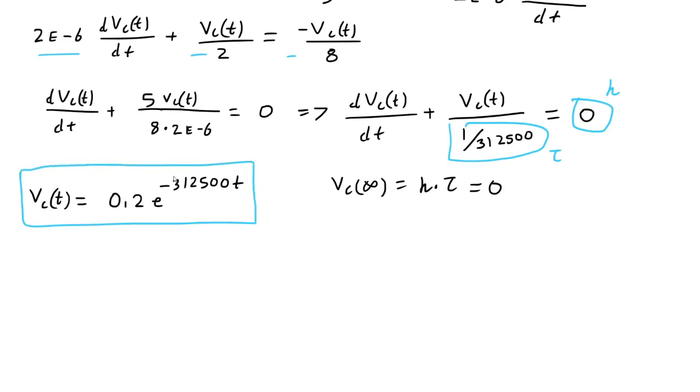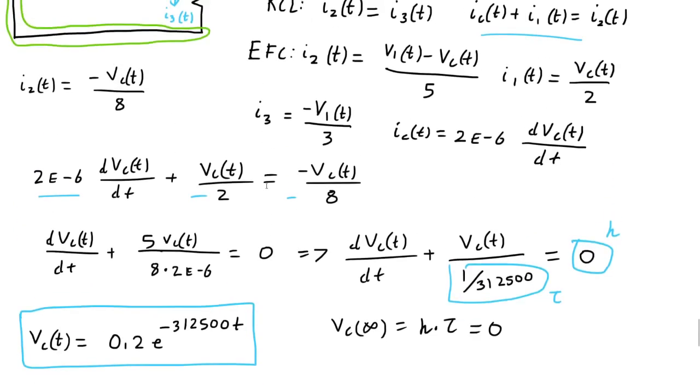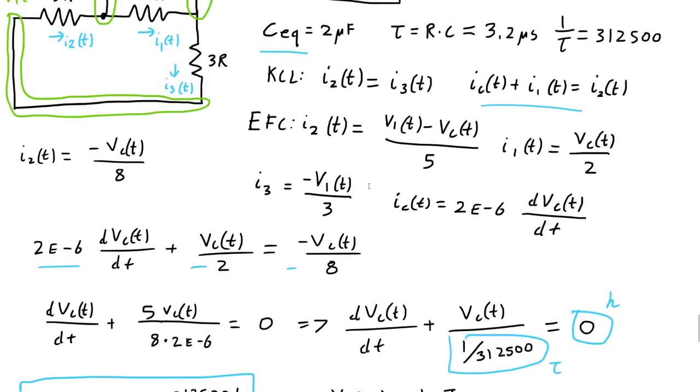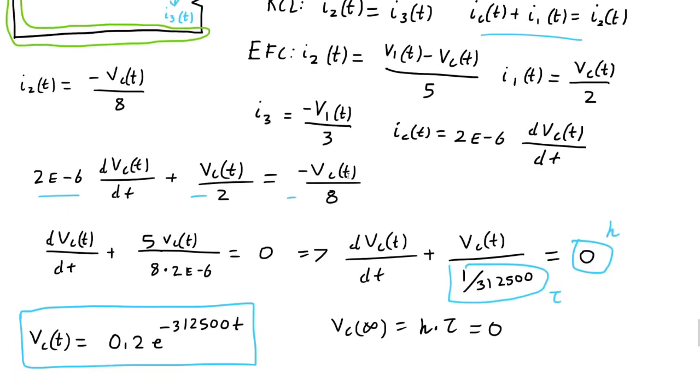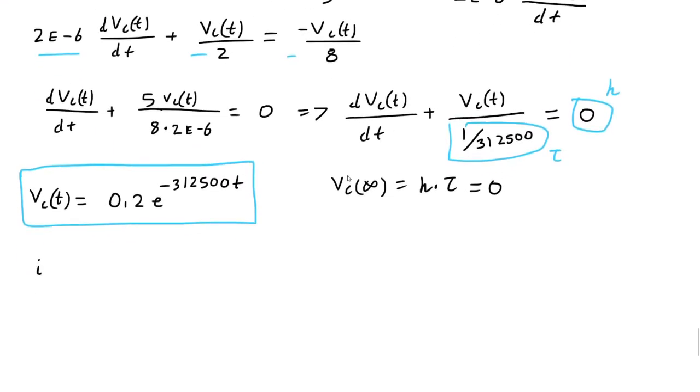We can find the current through each of these things using the equations we drew up earlier. So I'm going to do I1(t) first, which is just VC(t) over 2, which is 0.1 e to the minus 12,500 t.